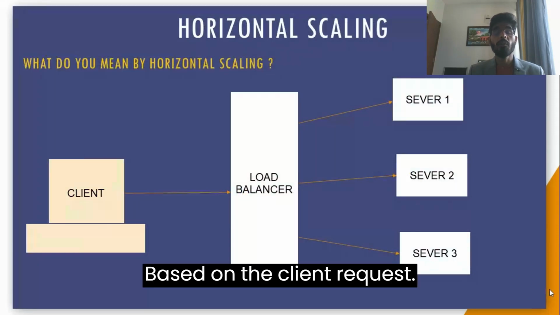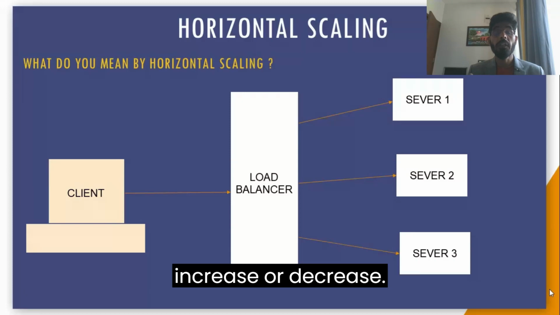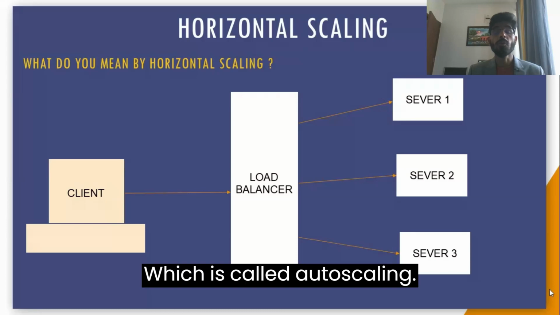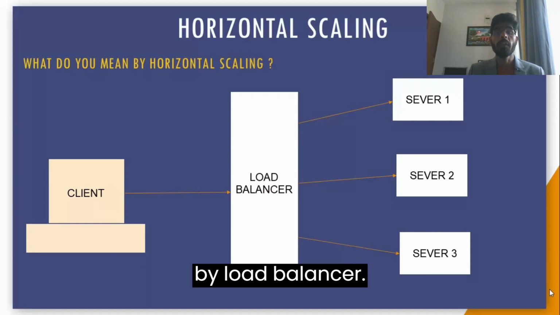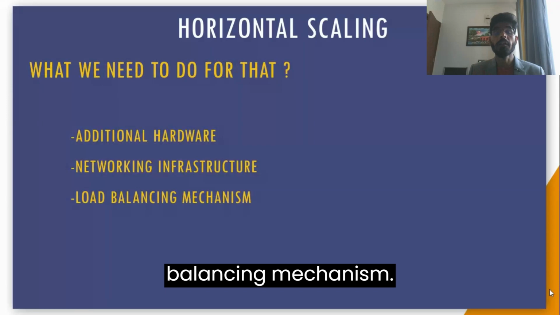Based on the client requests, the servers automatically increase or decrease, which is called auto scaling, and all the requests are distributed to all the servers by the load balancer. Horizontal scaling needs additional hardware, networking infrastructure, and a balancing mechanism.